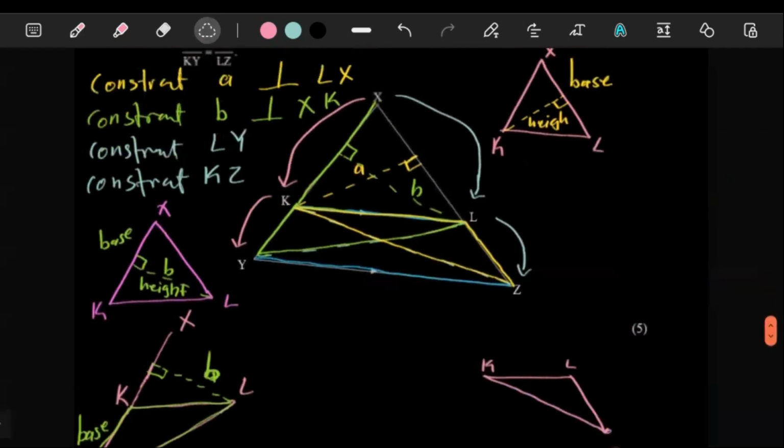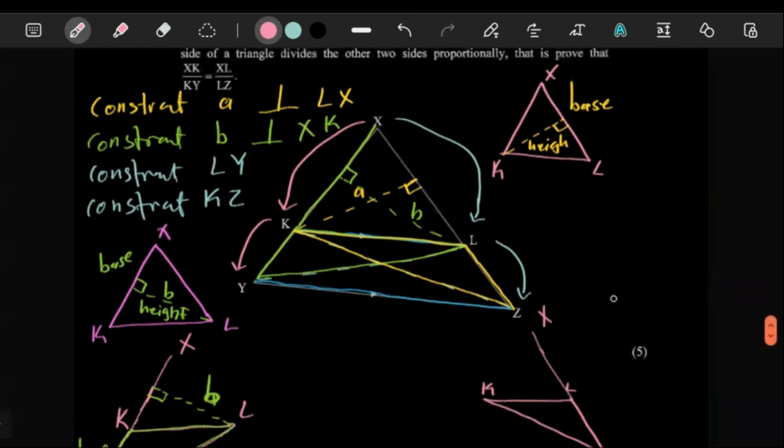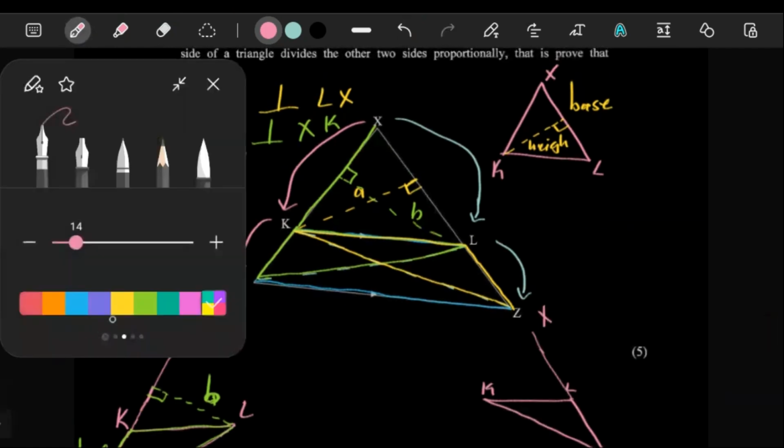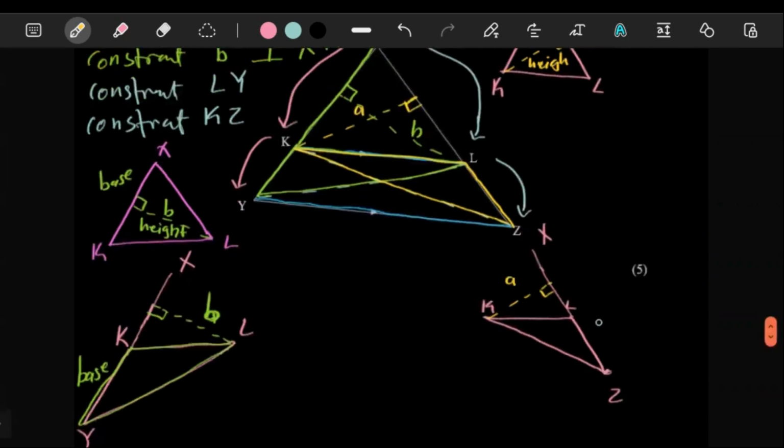For this triangle, KLZ, remember this line is also going all the way up until X here. But before it reaches X, we have this line as the perpendicular height, which is A. And here, this is what you're looking at as your base.